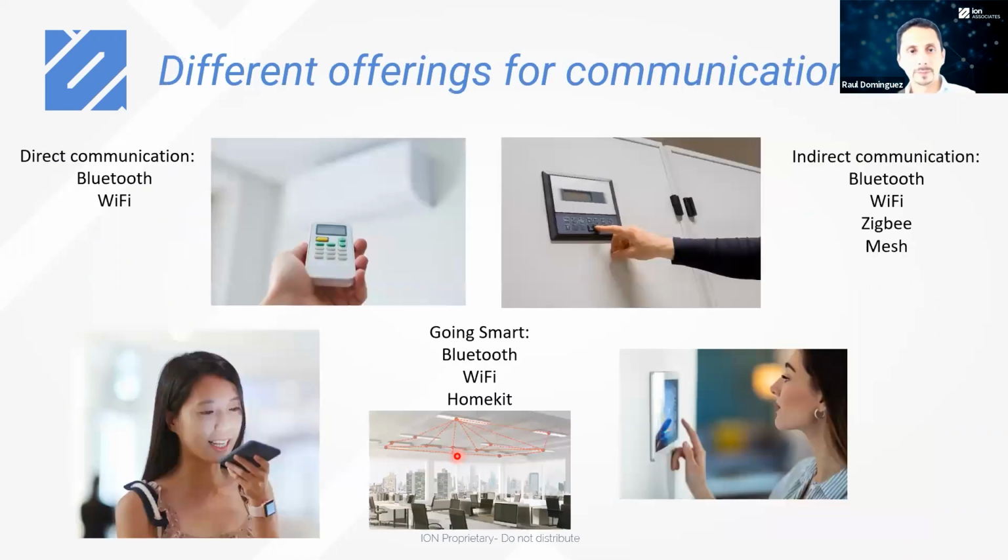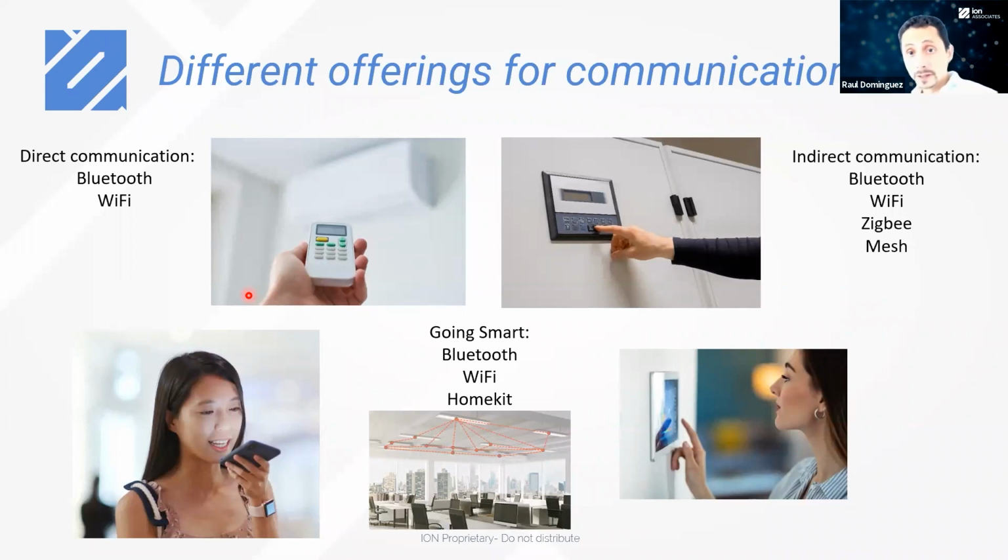Next, please. And for the wireless communication, it depends on what we need. Maybe we need direct communication. So we have a control or a cell phone that needs to connect directly to the device. That's the direct communication. Normally we see Bluetooth and Wi-Fi for that.